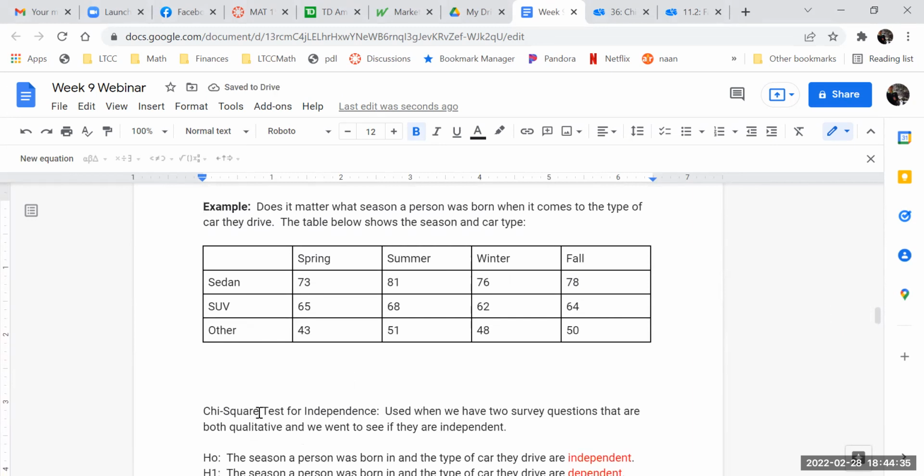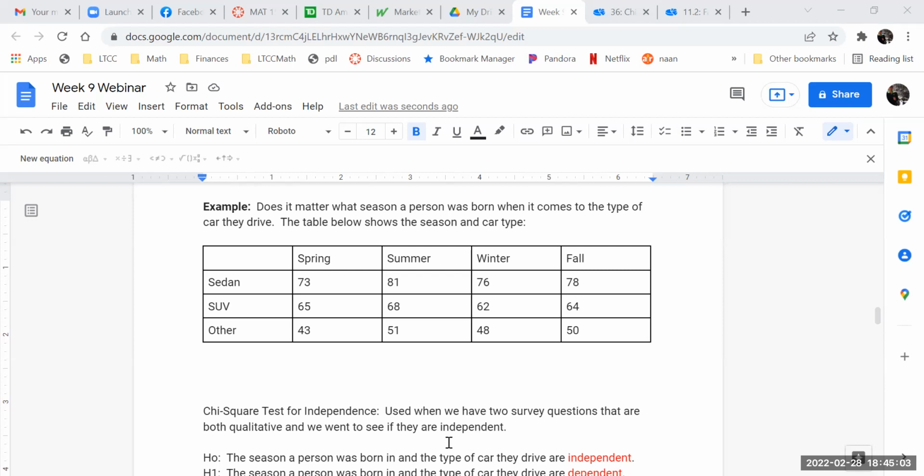We're going to use what's called a chi-squared test for independence. And that tests whether 2 different things are independent of each other or dependent. So you can have 2 survey questions, they're both qualitative, and we want to see if they're independent or dependent.